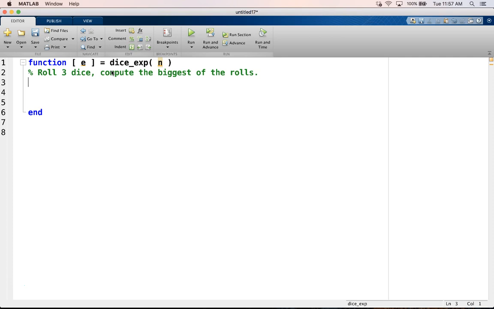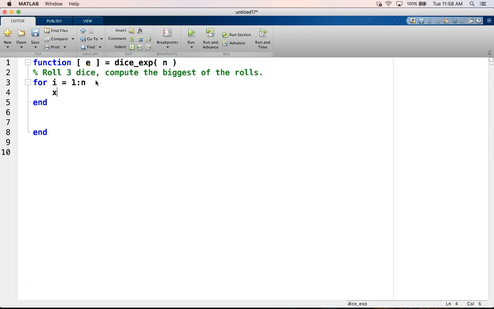If I just rolled it once, then I know that the expected value is 3.5. So if I roll it 3 times and take the biggest one, I expect the expected value to be bigger than 3.5. Because for 1, it's 3.5, and the more rolls, if I'm taking the maximum, the bigger the expected value should be. So I'm going to use a for loop again, for i equals 1 up to n.